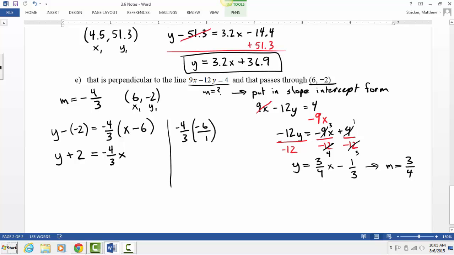Over 1, because it's a whole number, so we write it over 1. Of course, 3 goes into 6 twice, so this is negative 4 times negative 2, which is positive 8. So this is plus 8, and now solving for y, move this positive 2 to the other side, it becomes a negative 2. We're almost done. We get y equals negative 4/3 x plus 6.